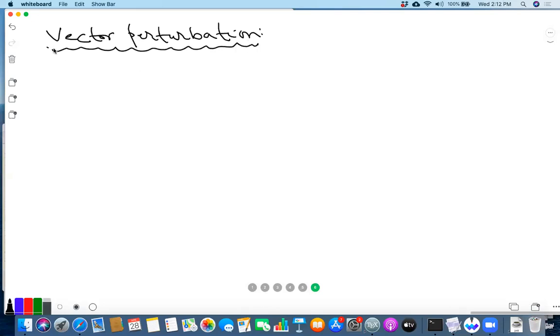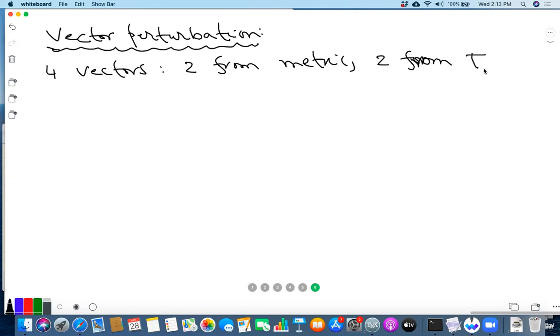Let me remind you that we had altogether 4 vectors, of which 2 came from the metric and 2 from the energy momentum tensor. Let me remind you how it entered the metric.